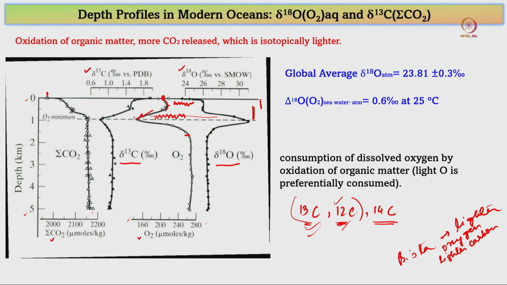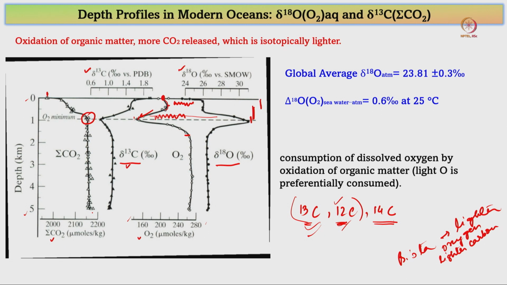So, therefore, here the carbon dioxide is at its highest concentration. When the oxygen is at its lowest concentration, my carbon dioxide is at its highest concentration. Okay. So, here my delta 18O value is gradually increasing because my 16 oxygen is going into consumption, and what is getting produced is 13 carbon.